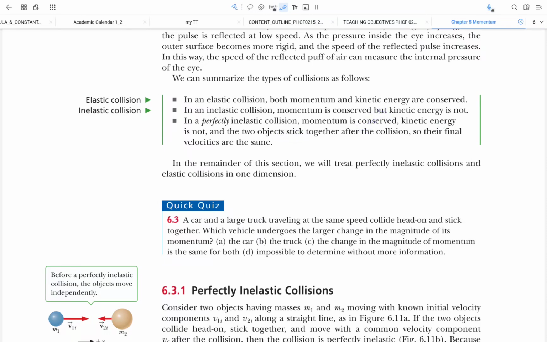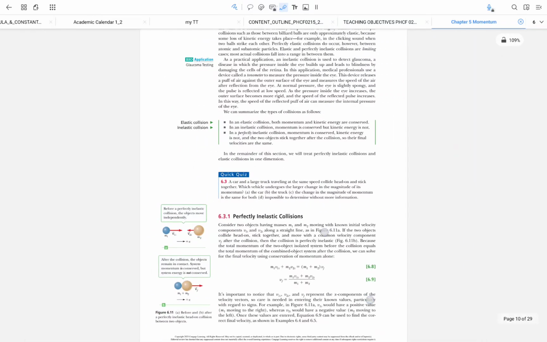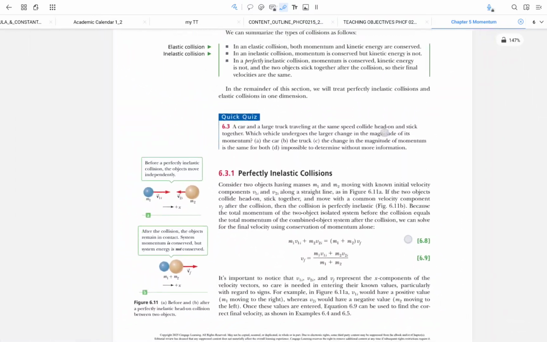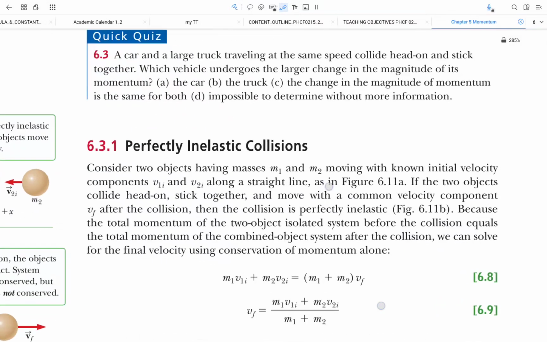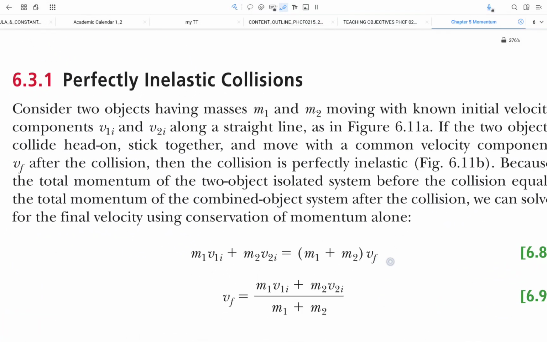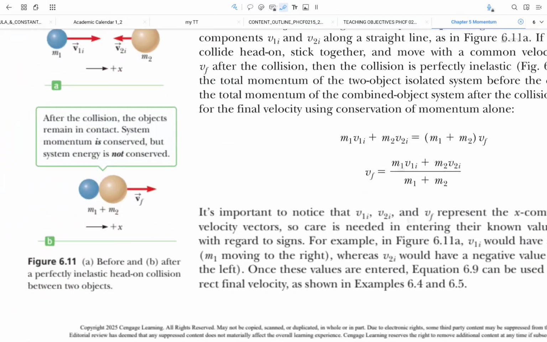Kinetic energy is not conserved, and therefore their velocities are of the same value. In the case of perfect inelastic, you can notice in the expression, when we treat momentum conservation, we can factorize because they have the same V combined.